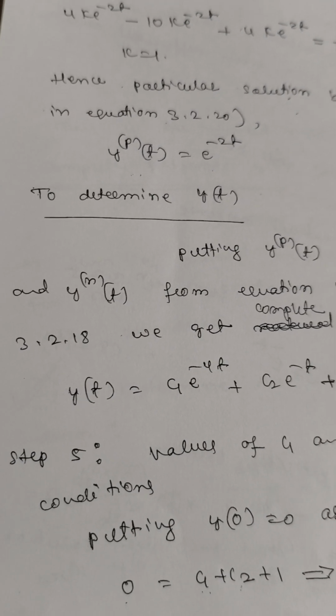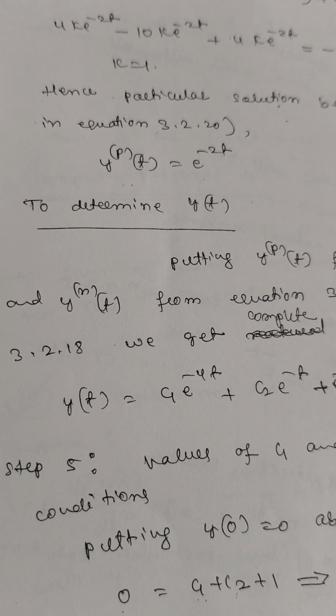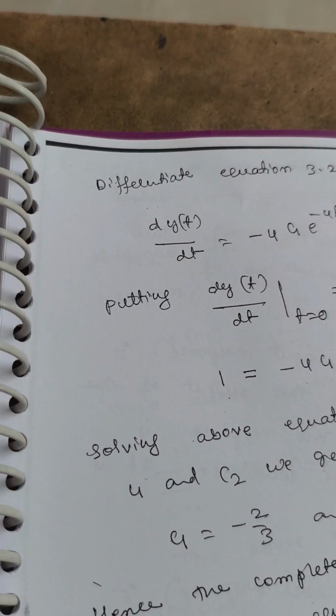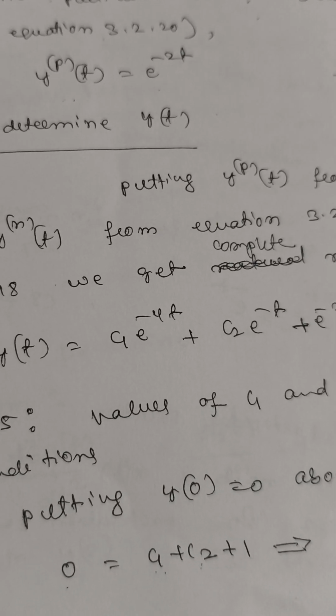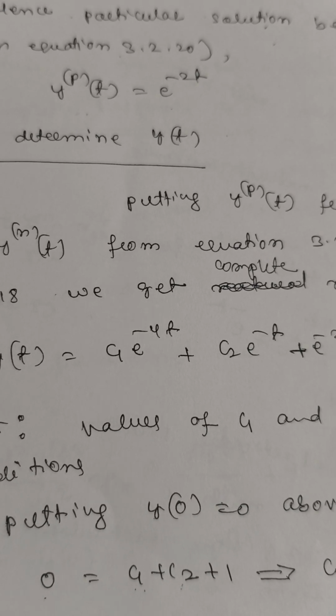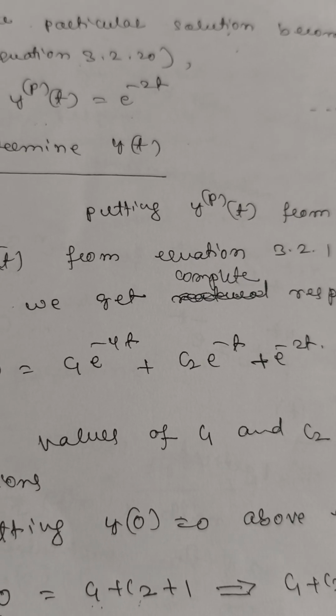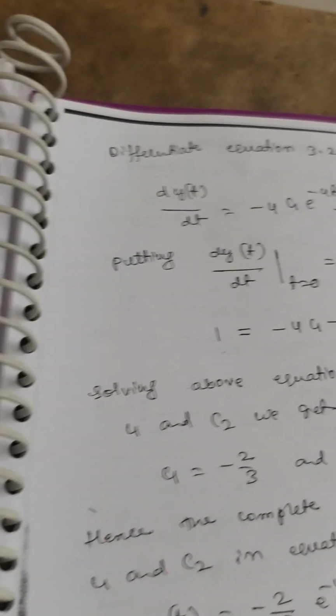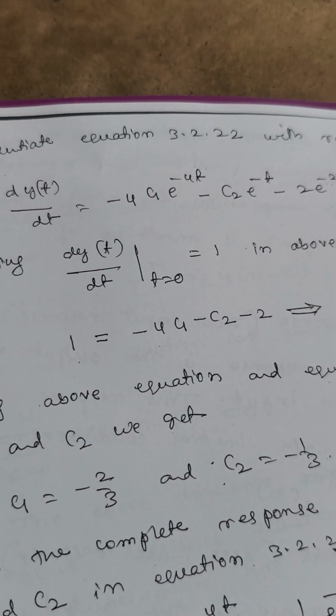It becomes dy of t by dt equal to the differentiation. Here c1 into e raised to minus 4t is there. When we differentiate it with respect to t, we will get minus 4 c1 e raised to minus 4t.